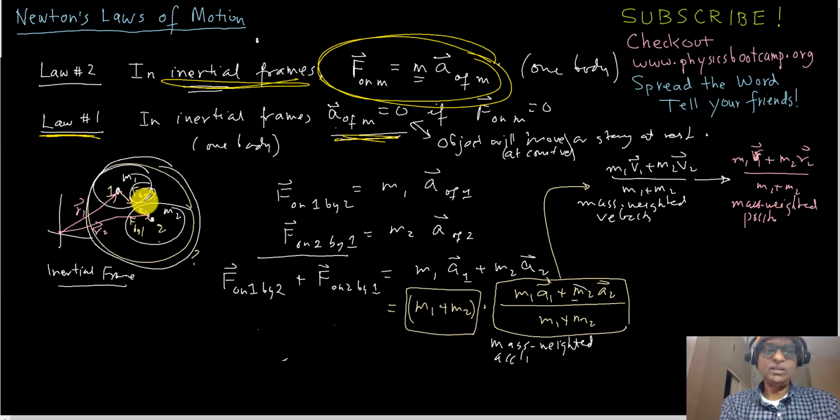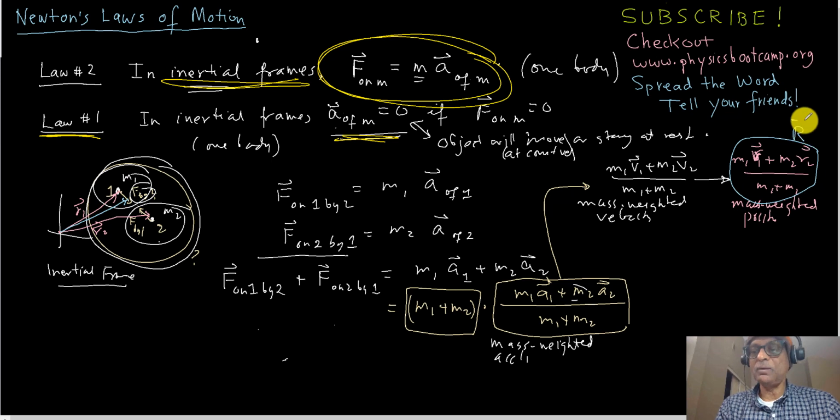You can see if m1 is larger, then this will be closer to it. It will be some point connecting between them, like somewhere here. We can call this R, so this will be the R vector. So we're looking at the motion of that point.